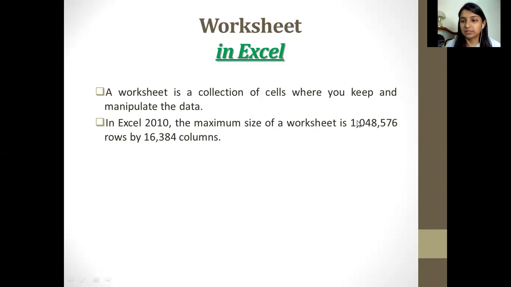The maximum number for inserting rows is 1048576, and for columns it is 16384. So it's quite a huge number for inserting a lot of data together.